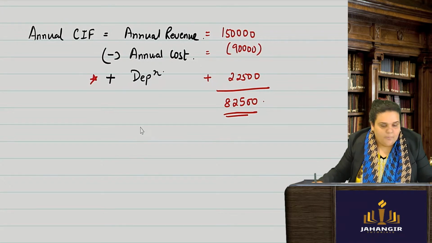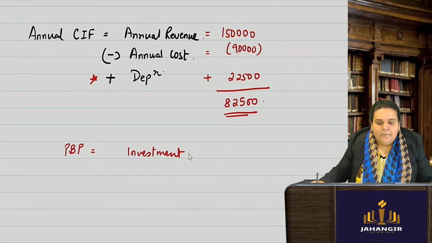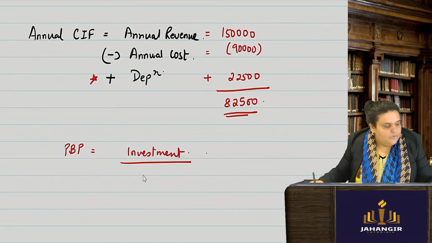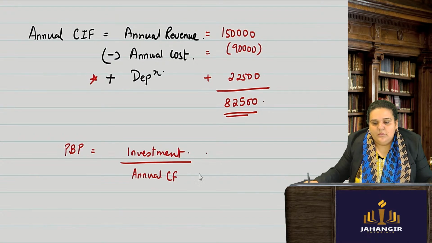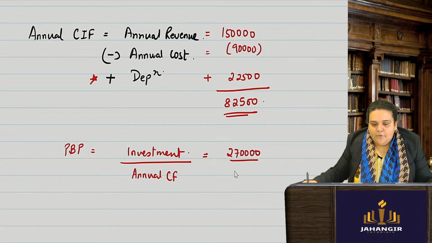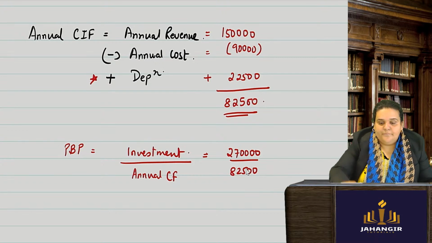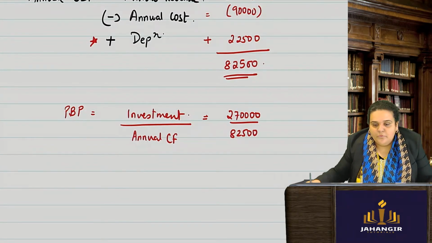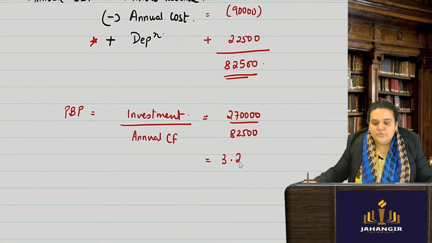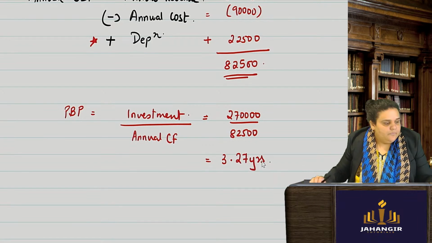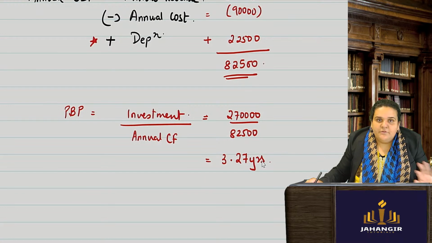Now my payback period will be initial investment upon annual cash flow. Investment is rupees 2,70,000 upon 82,500. So that will come to 3.27 years. Okay, that is also given in your option.